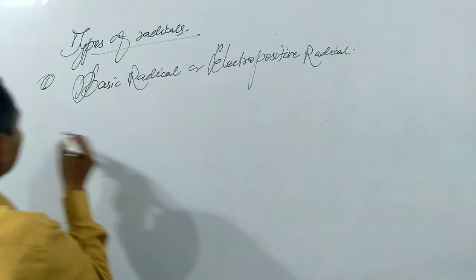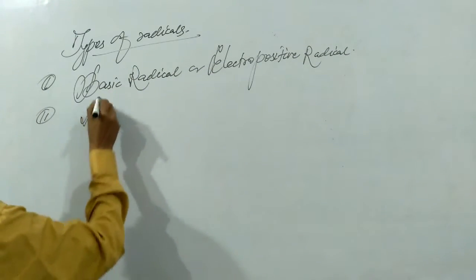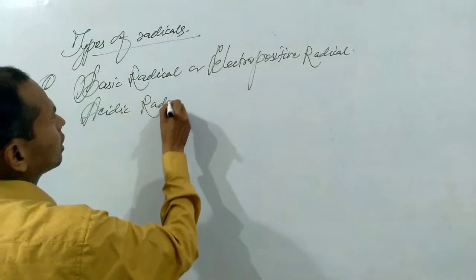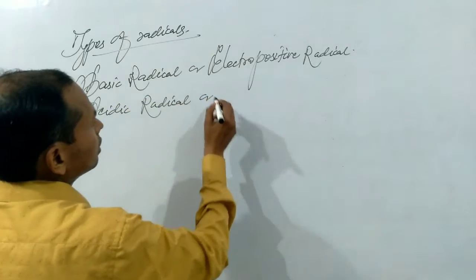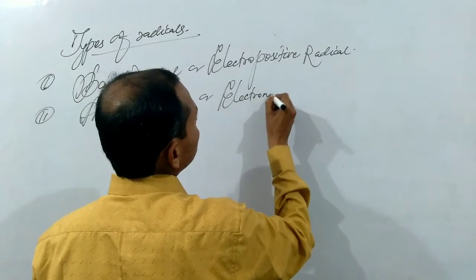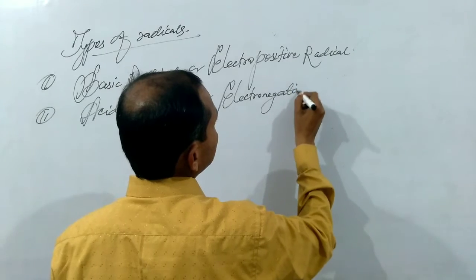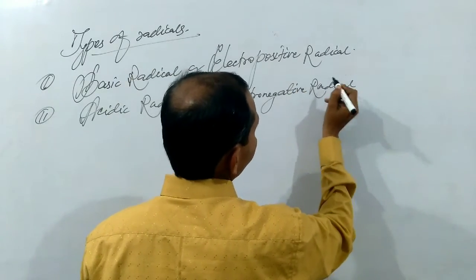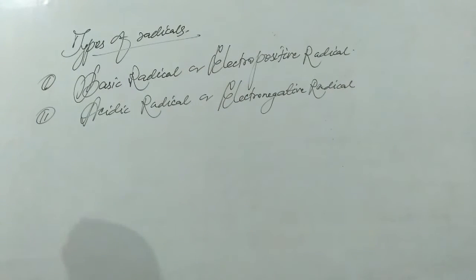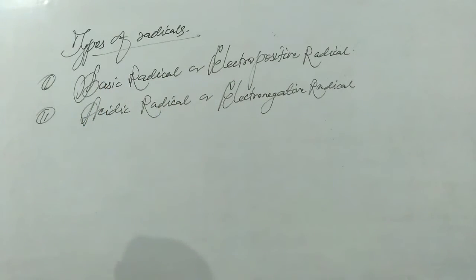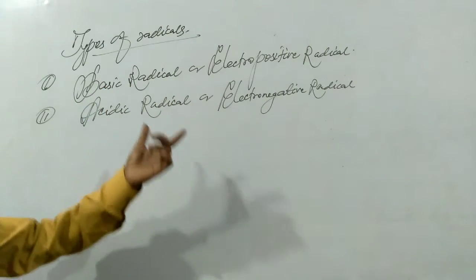The second is acidic radical or electronegative radical. So we can say that there are two types of radical: basic radical or electropositive radical, and acidic radical or electronegative radical.